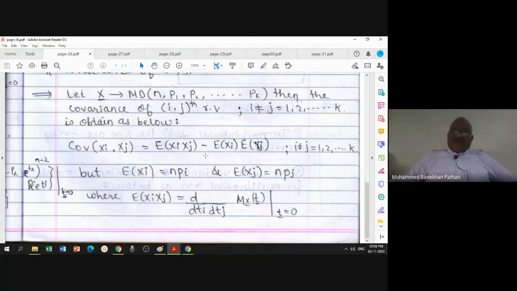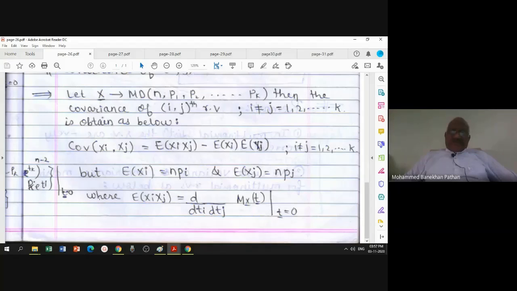So from yesterday's lecture, we have the knowledge that expected value of xi is npi, which we derived yesterday. Expected value of xj is equal to npj. So to get the covariance, we require one thing to develop, that is expected value of xi into xj.